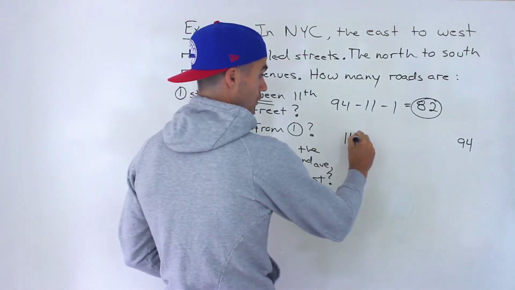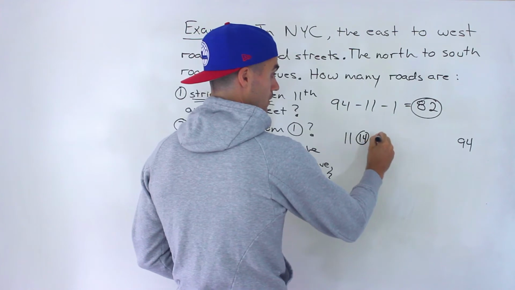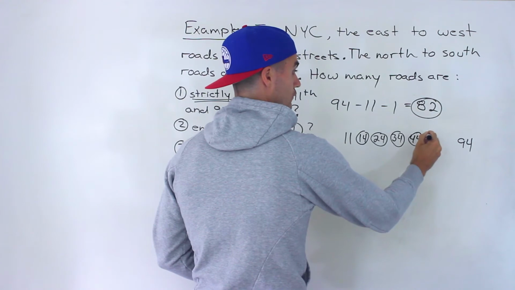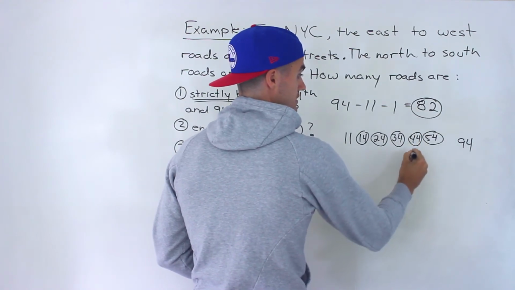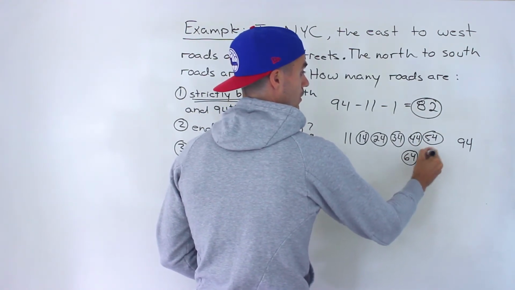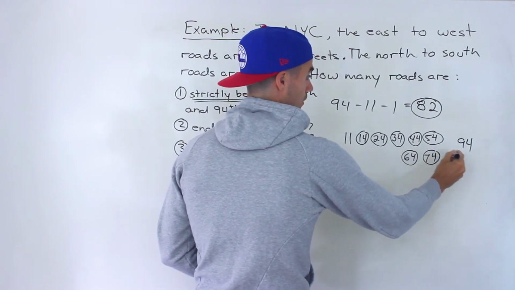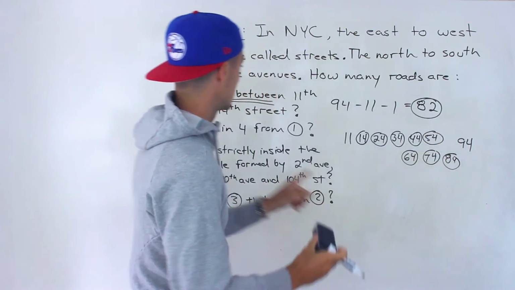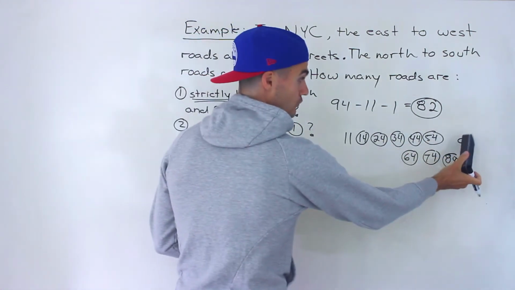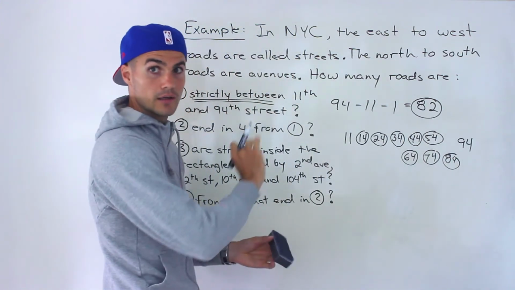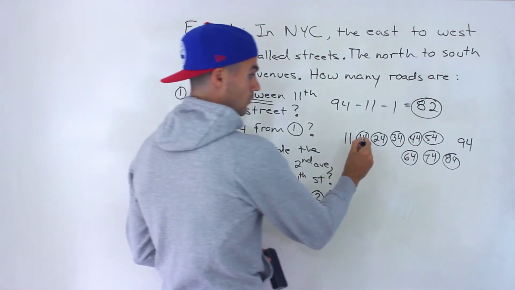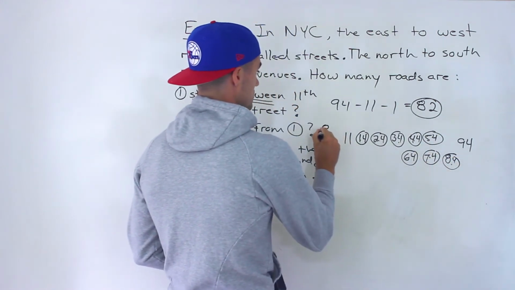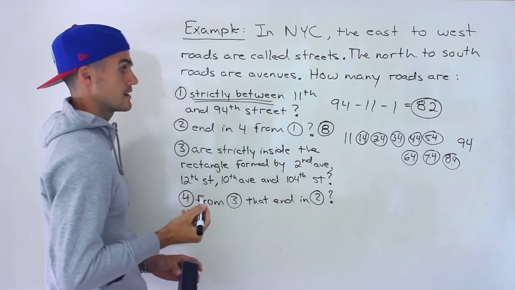Notice we'd have 14, 24, 34, 44, 54, 64, 74, 84, and then notice that we're not including the 94 because it's strictly between 11 and 94. So the 94 wouldn't be included in that count. How many are there? 1, 2, 3, 4, 5, 6, 7, 8. So the answer to number 2 is 8.